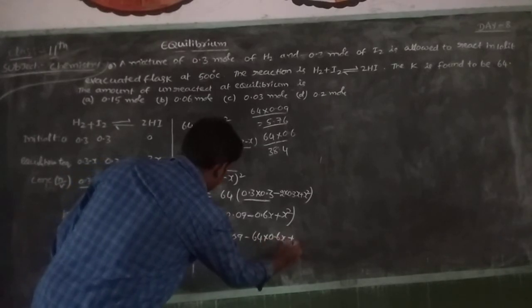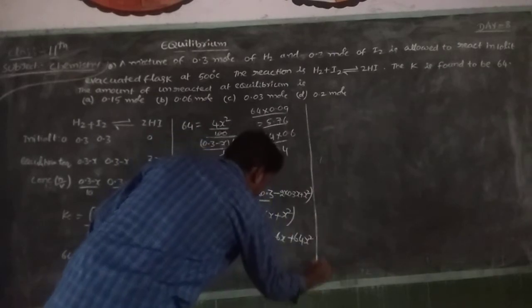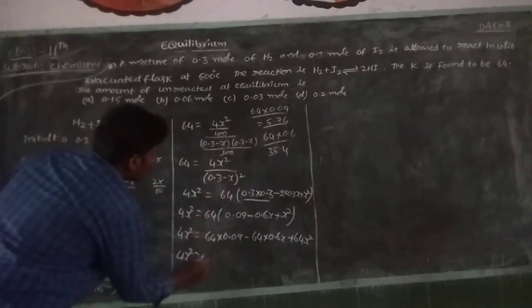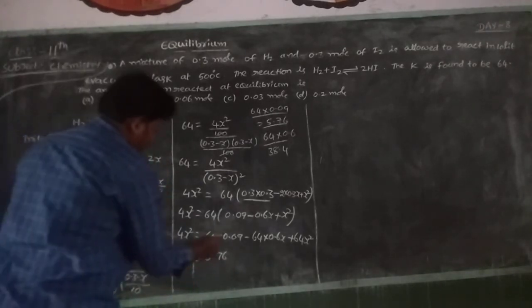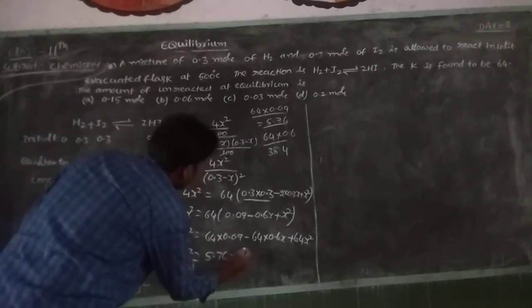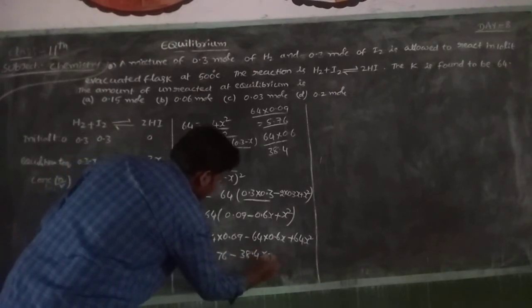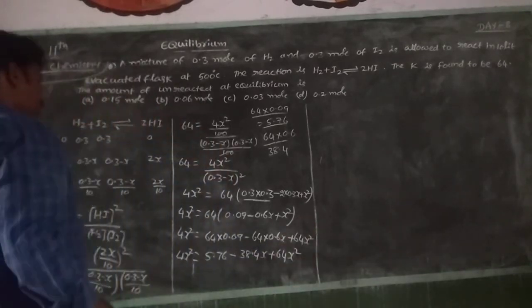0.6x plus 64x square. Listen, 4x square is equal to 5.76 minus 38.4x plus 64x square.